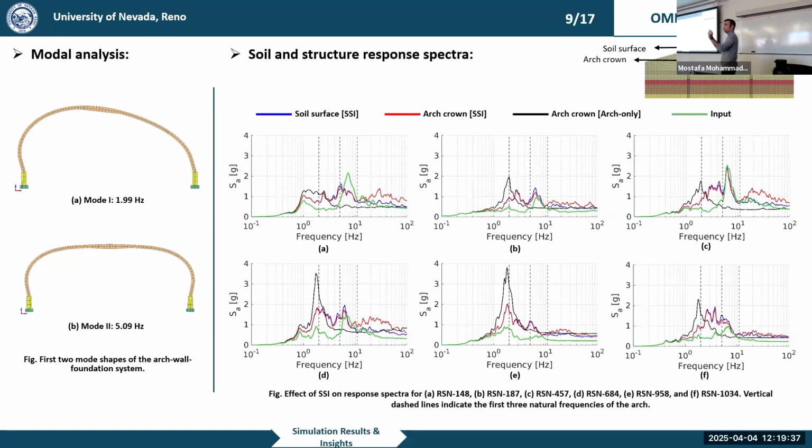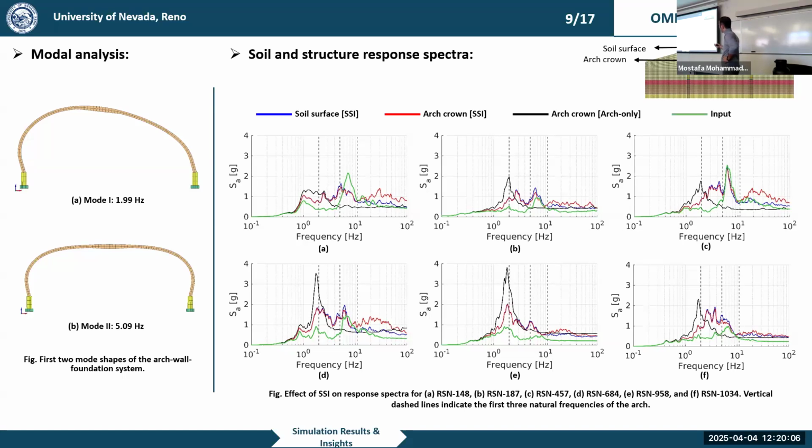So soil surface is only for the soil case, and the arch crown is a point in the arch at the very top. The SSI is the case where I have all the soil and the structure together, and the arch-only case is where I only have the structure. I also have the response spectrum of the input motion. I have shown the fundamental frequencies of my structure with these vertical dashed lines.